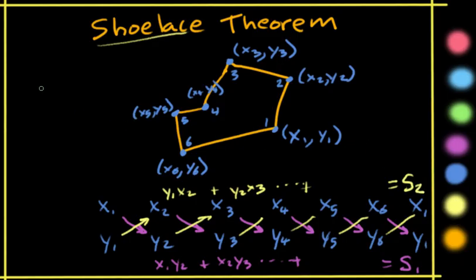And then you can compute the area, A, as the absolute value of S1 minus S2, all divided by 2. So basically you just take the positive difference between these two sums, and you divide it by 2. And that'll give you the area. So that's all you need to know to be able to use the shoelace theorem.